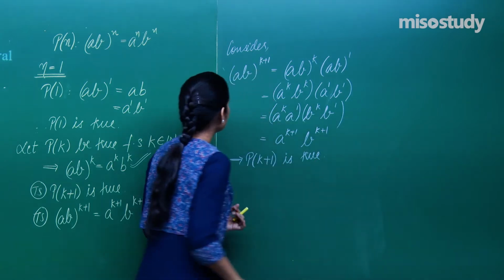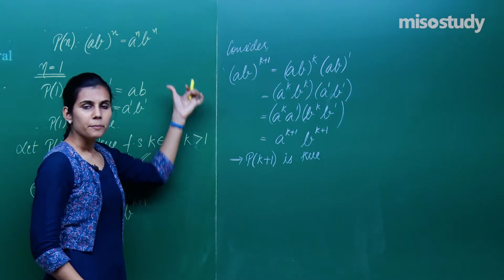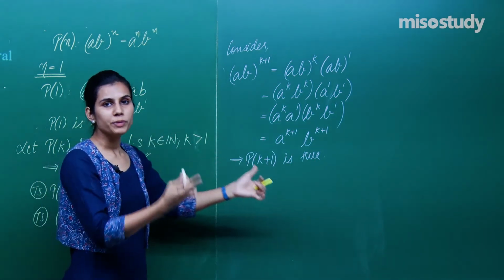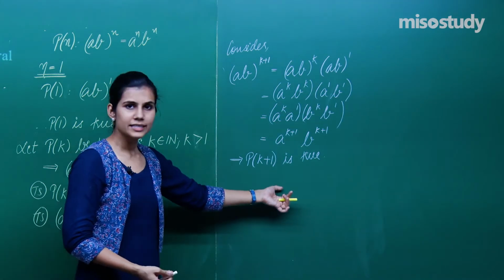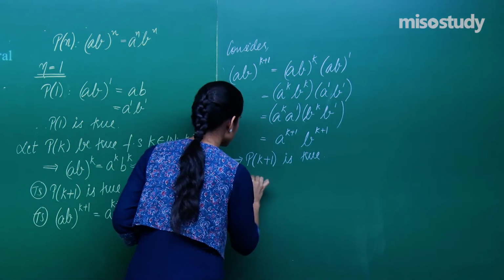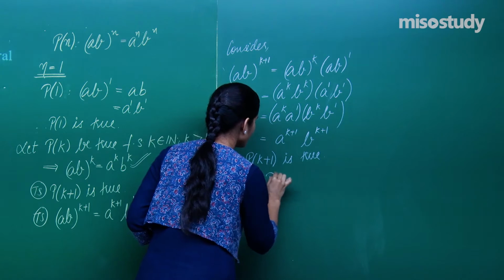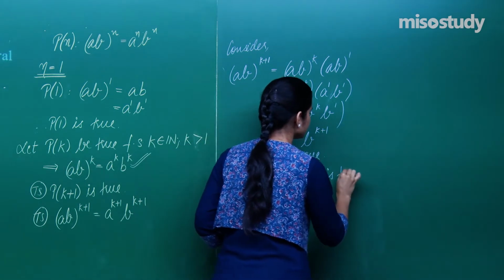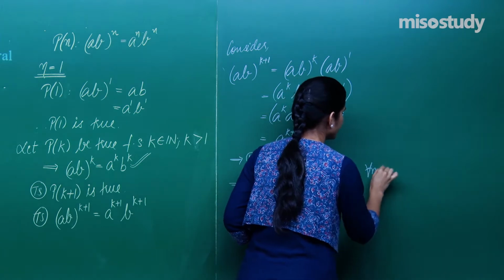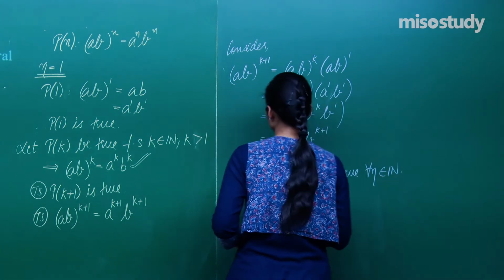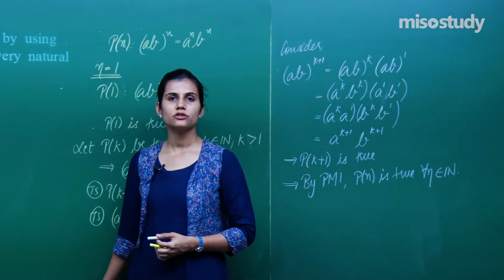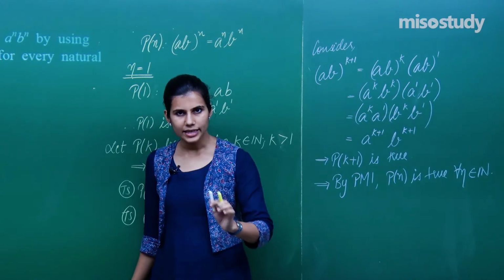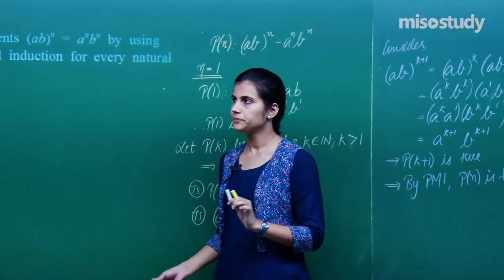P1 is true, assumed Pk true to prove Pk plus 1 is true, and that is established. This implies by the principle of mathematical induction, Pn is true for all n in N. It is true that (ab) whole to the power n is a to the power n into b to the power n whenever n is a natural number.